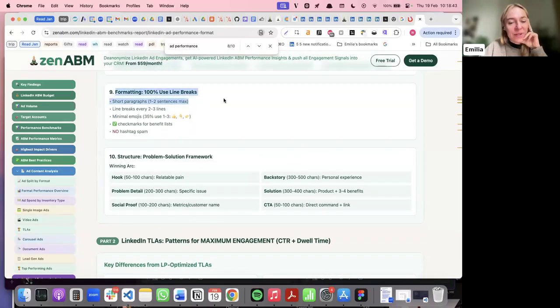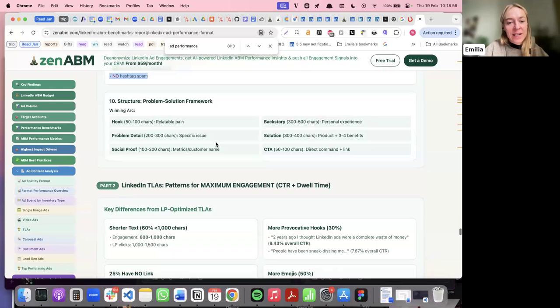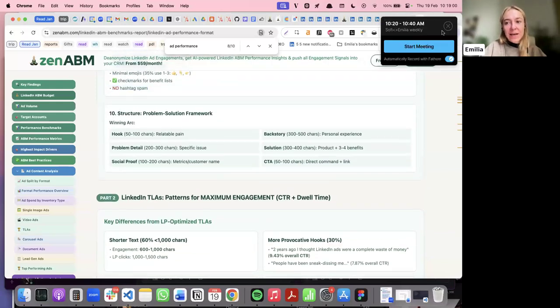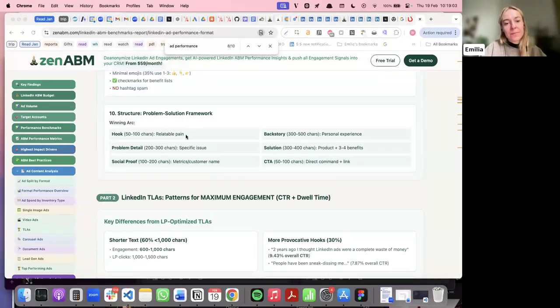Formatting, almost everyone uses line breaks, right? Short paragraphs, line breaks every 2-3 lines, not a lot of emojis, and no hashtag spam, right? Hashtags are a thing of the past. Okay, and the problem solution framework, right?